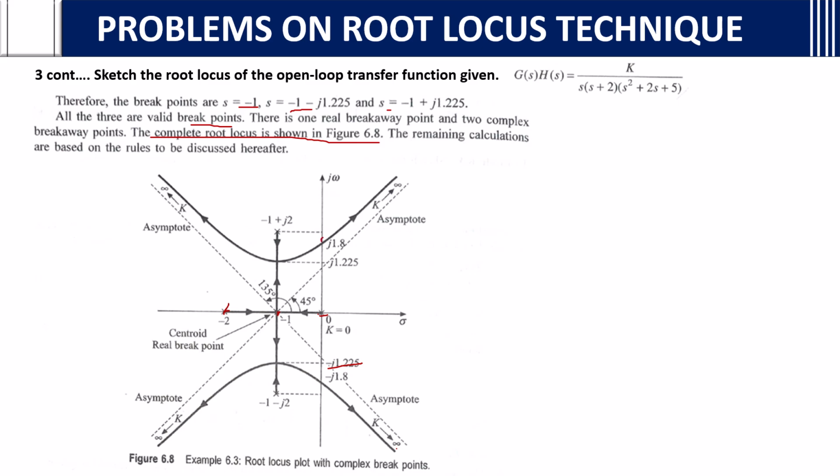This point will be minus 1 plus j2 and minus 1 minus j2. Okay, and this is going to infinity, as these are what? Asymptotes. This is a centroid real break point. Okay, like this way we should sketch the root locus of the open loop transfer function.